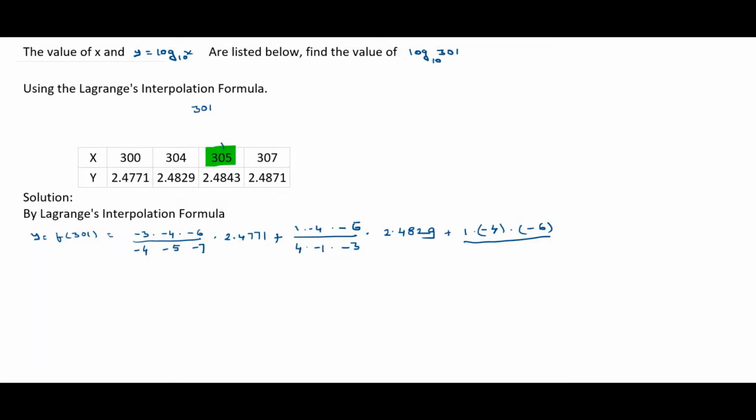Next the denominator, 305 minus 300, you will get 5, 305 minus 304, you will get 1, and 305 minus 307, we get minus 2. And write down the third value of y, that is 2.4843 plus.